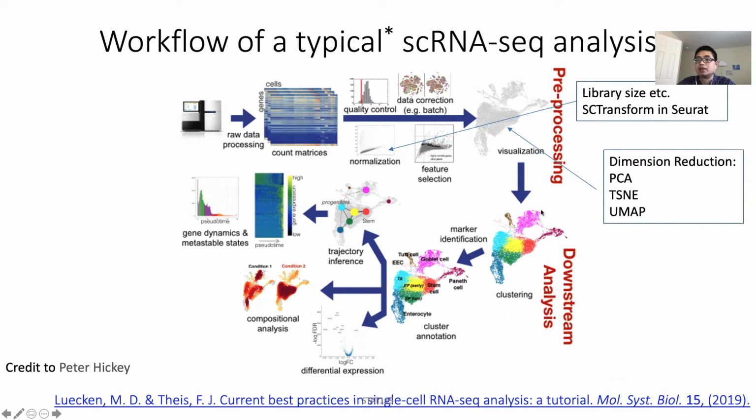So we usually get the sequencing data off the sequencer and then align them to the transcriptome and do quality control, normalize the data somehow, and then do dimension reduction, whether it's PCA, t-SNE, UMAP, and then cluster cells and do cluster annotation. And there's some downstream analysis that you can do: trajectory inference, differential expression, and compositional analysis, etc.